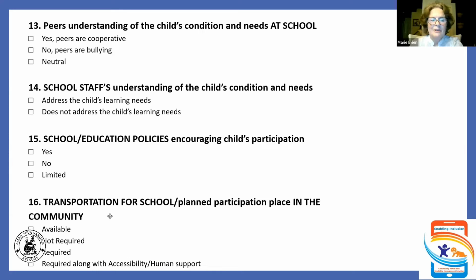And lastly, we look at transportation to get to school, and also for participation in activities in their communities. So that completes our environmental assessment within the home, school, and community. Of course, there are other items that are looked at, but these are the main questions that are being addressed.